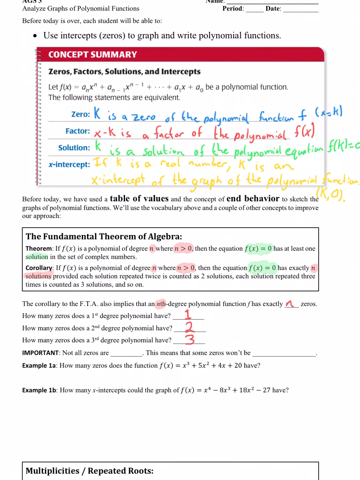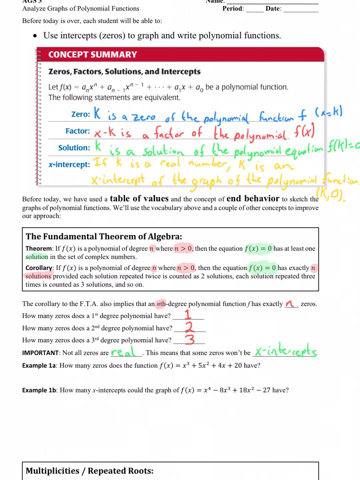One of the key things, though, that's really important is not all zeros are real. I just mentioned that you could have something called imaginary zeros. And you can tell if they're not real zeros by looking at the graph and seeing that they don't have x-intercepts. So maybe a third degree polynomial only has 1 x-intercept.